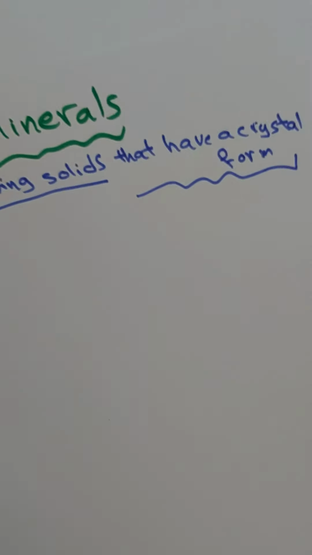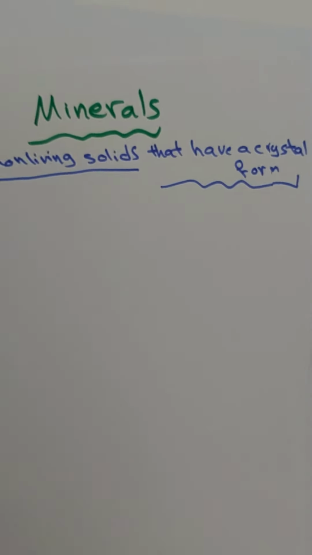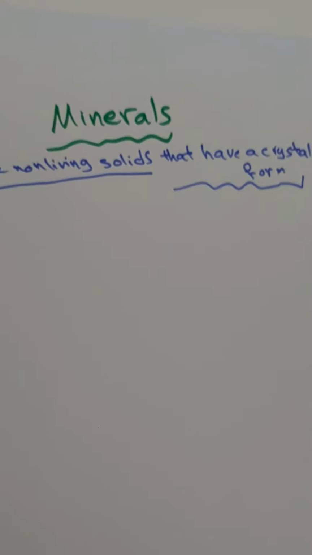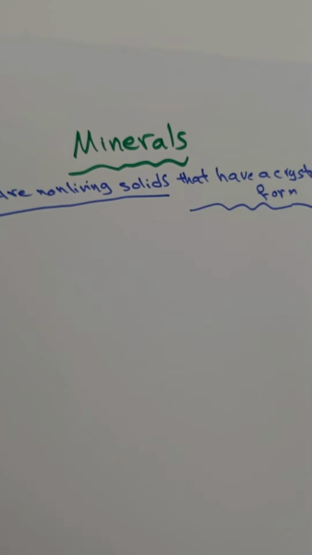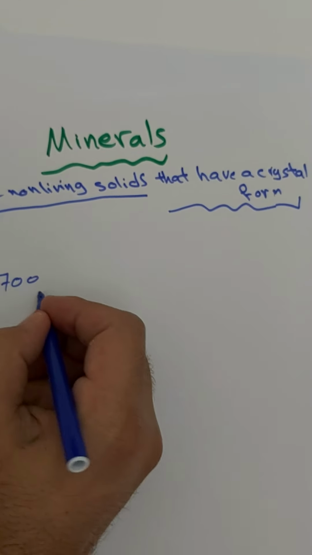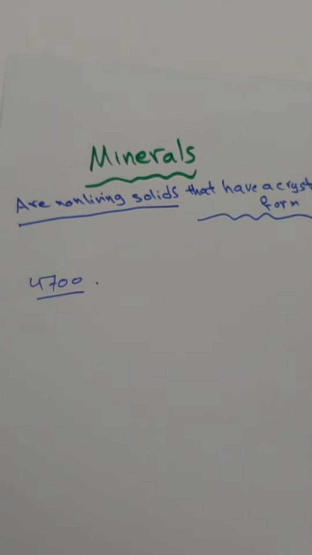This is the second part. So, minerals are non-living solids that have a crystal form. And till now, more than 4,700 different types of minerals have been discovered on Earth. Okay?